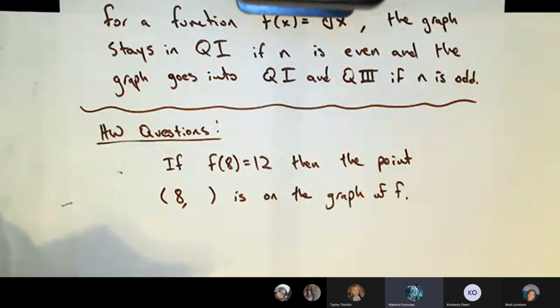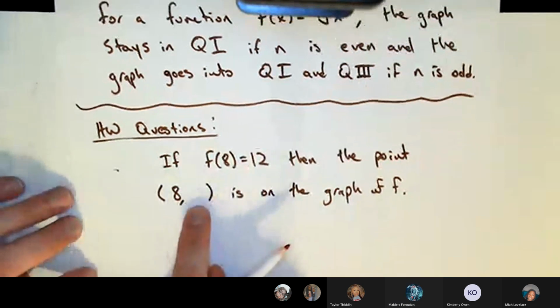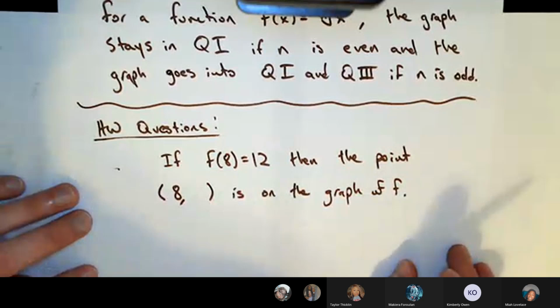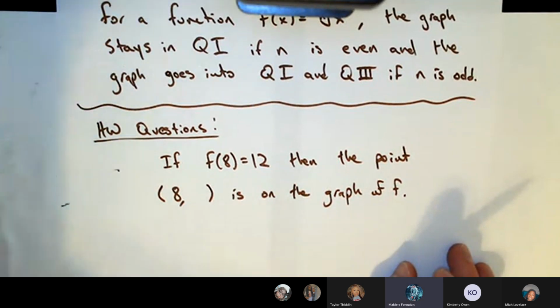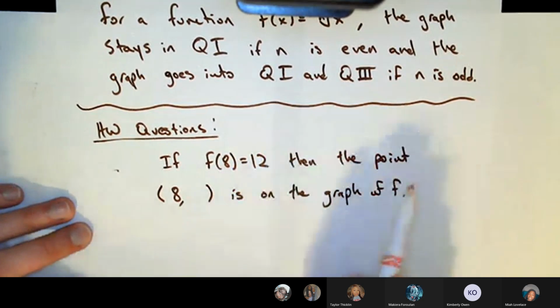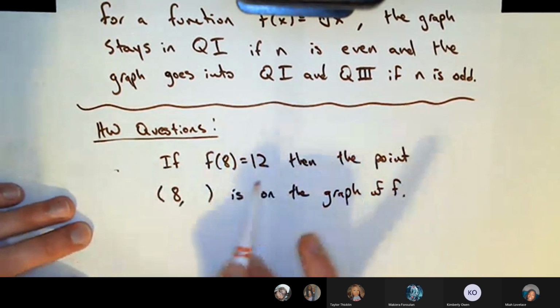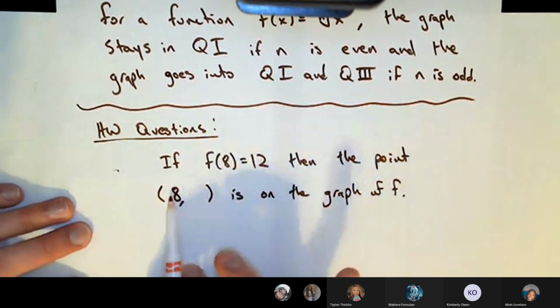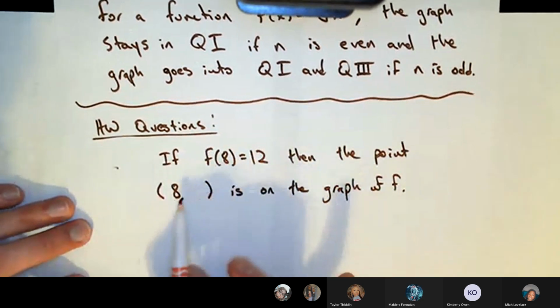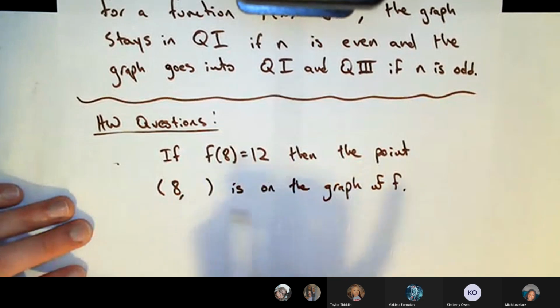So what would this blank correspond to? If the input is 8 and the output is 12, then what's the corresponding coordinate point for that relationship? Input is 8, so the x value is 8 and the output is 12. So what's the y value supposed to be here on the graph of f?